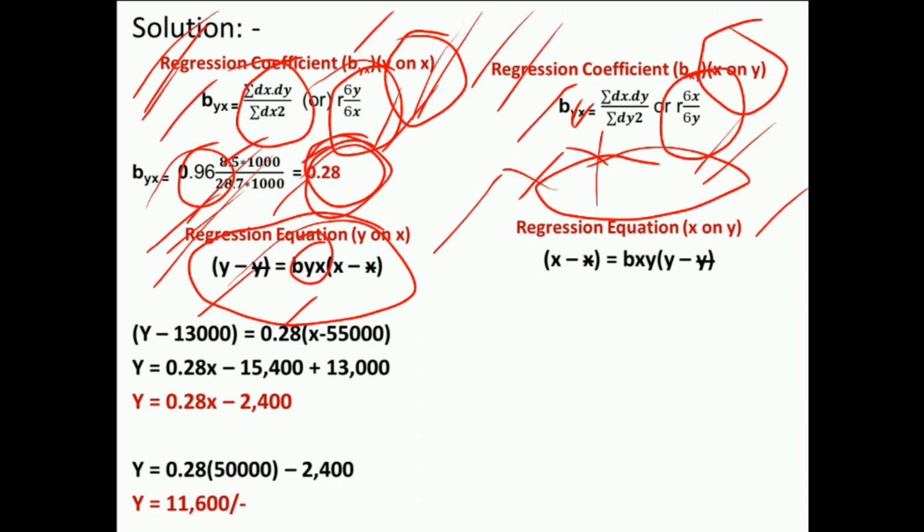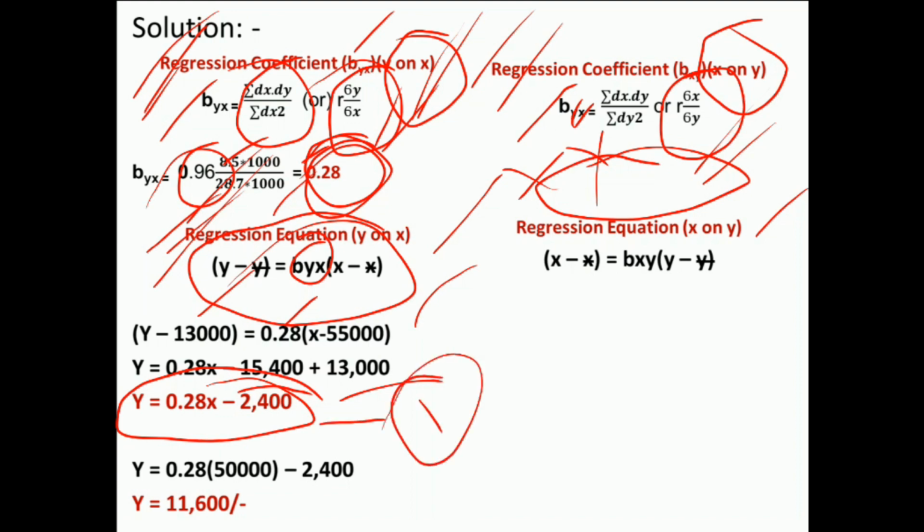Apply that value. x minus x mean is 55 into 1000, which is 55,000. Simplify this: y equals 0.28x minus 15,400 plus 13,000, so y equals 0.28x minus 2,400. This is the first equation.